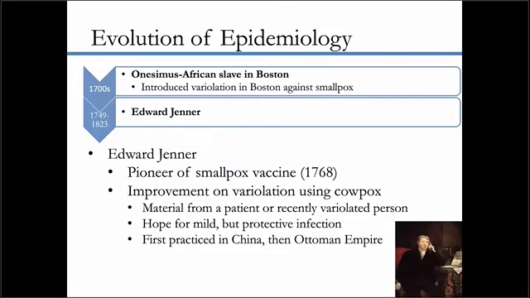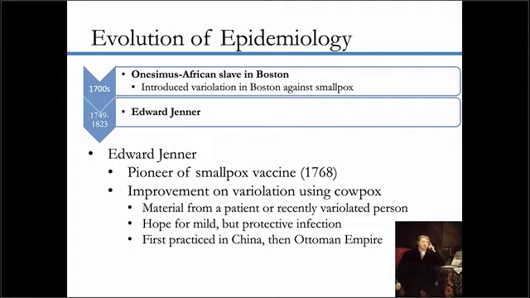And then we have Onesimus, who was an African slave in Boston. He introduced the process that we call variolation against smallpox in the United States, well before Edward Jenner, who you'll learn about next.